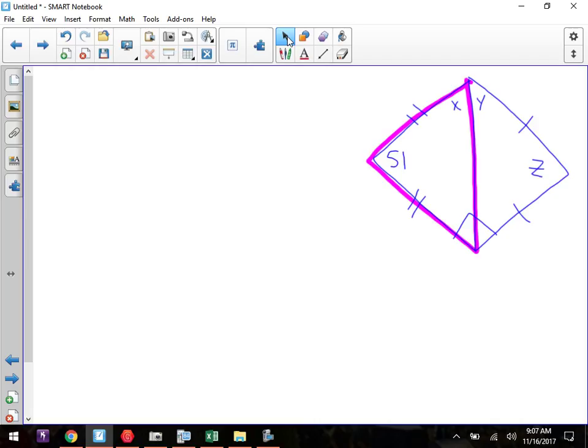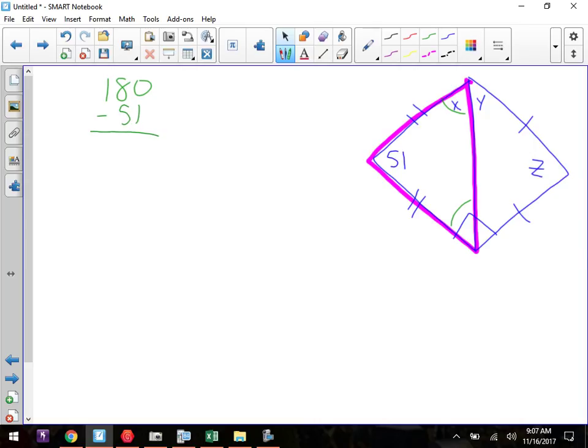It's a vertex angle, which means that the other two angles, here and here, have to be the same. So how many degrees are in a triangle? Take your 180, subtract the 51, you get 129. Cut that in half, and you're going to get what, 64.5? Okay. So you get these base angles at 64.5.